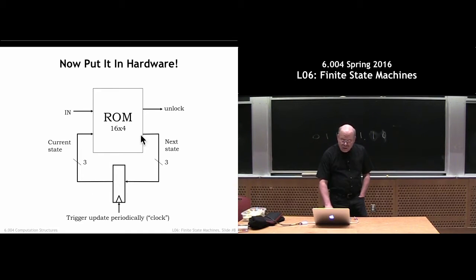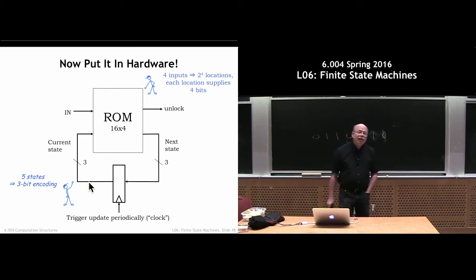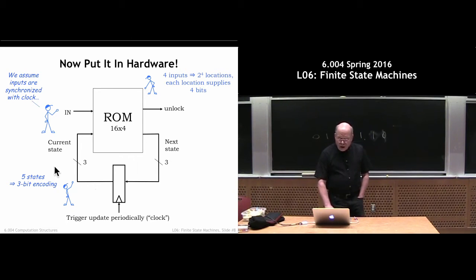We do have to guarantee that we'll meet the hold time from this register output to that register input, and we do that mostly because the contamination delay of the ROM will be long enough so that this won't start to change too soon, even though this value has changed because of the rising edge of the clock. Okay, so we assume that we're meeting the setup and hold times because we make sure the timing is correct so that we don't have any violations of the dynamic discipline for the state register. And as I said before, 16 locations, 4 bits each.